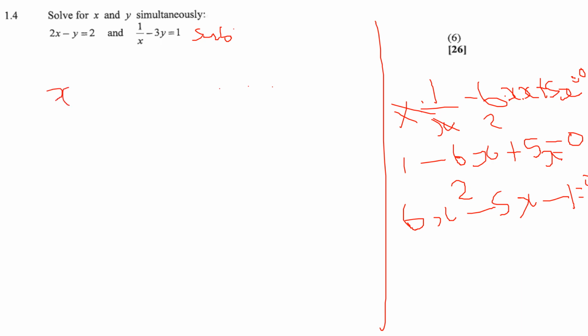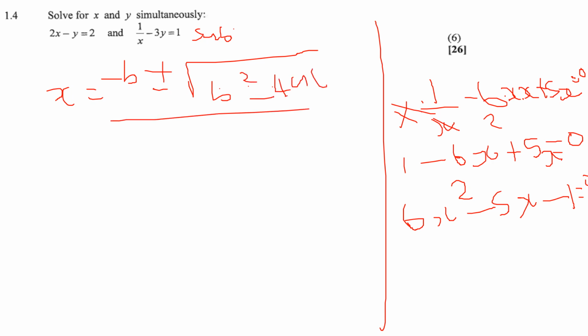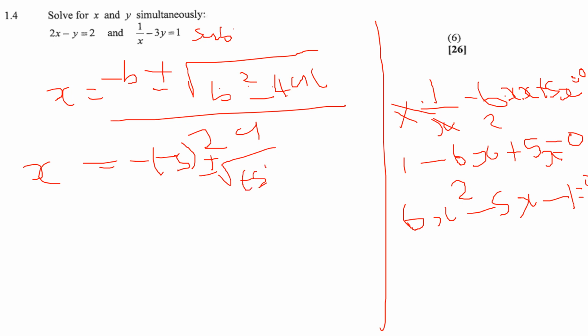So x is equal to negative b plus or minus the square root of b squared minus 4ac, all divided by 2a. Therefore now you substitute the values. The value of b is negative 5, so negative of negative 5, plus or minus the square root of negative 5 all squared, minus 4.